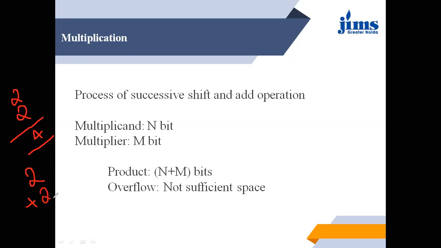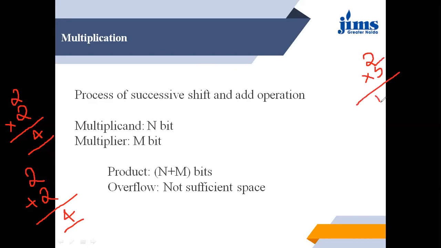You can say, sir, addition and multiplication of these two numbers are the same, but this is not the case for each and every number. For example, take 2 multiplied by 5. This is 10.